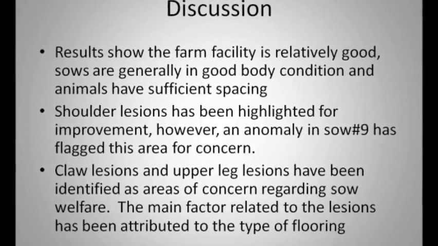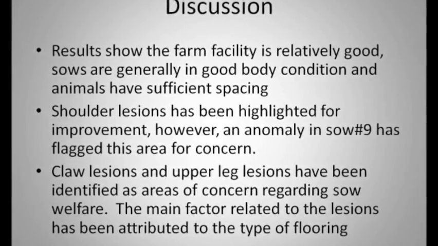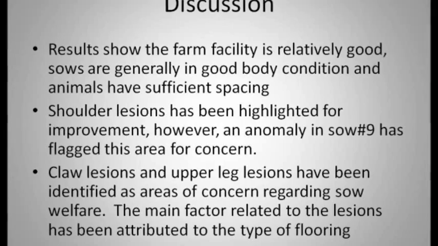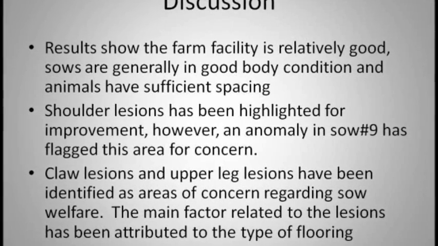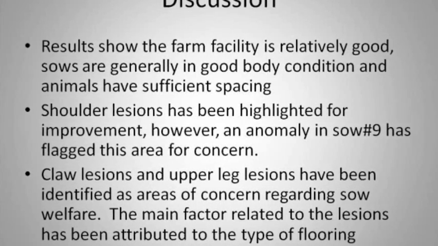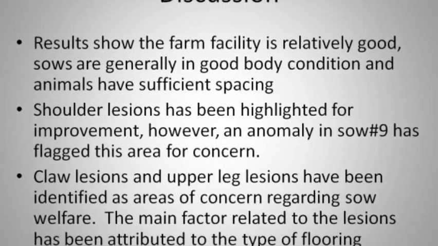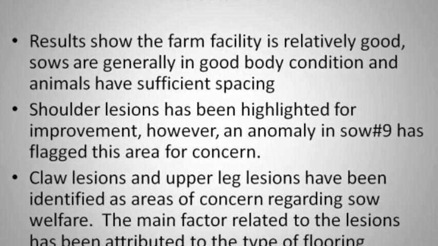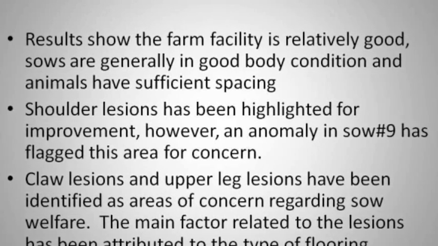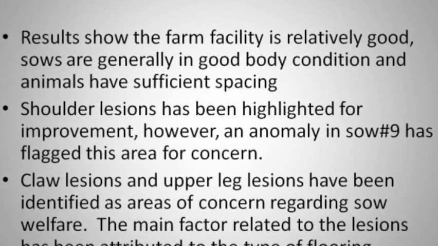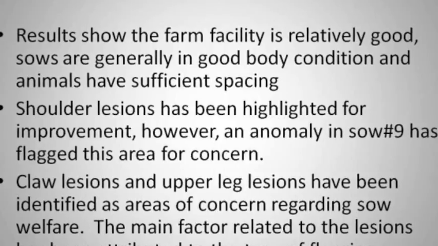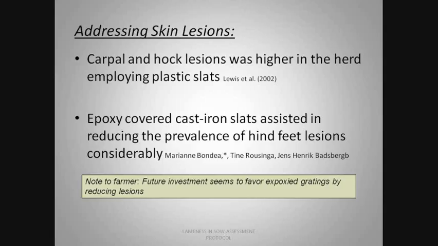Claw lesions and upper leg lesions have been identified as areas of concern which may pose welfare concerns. The main factor related to these has been attributed to the type of flooring, which has not been recorded in this document. Based on the outcome, guidance notes were prepared for the farmer for future reference.